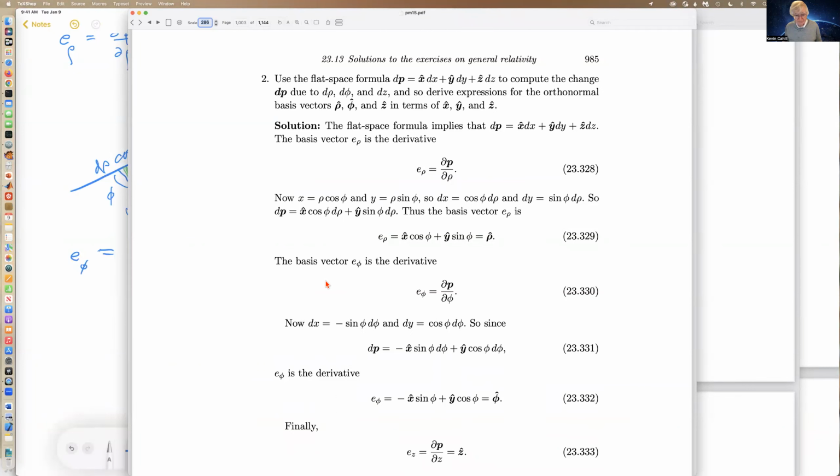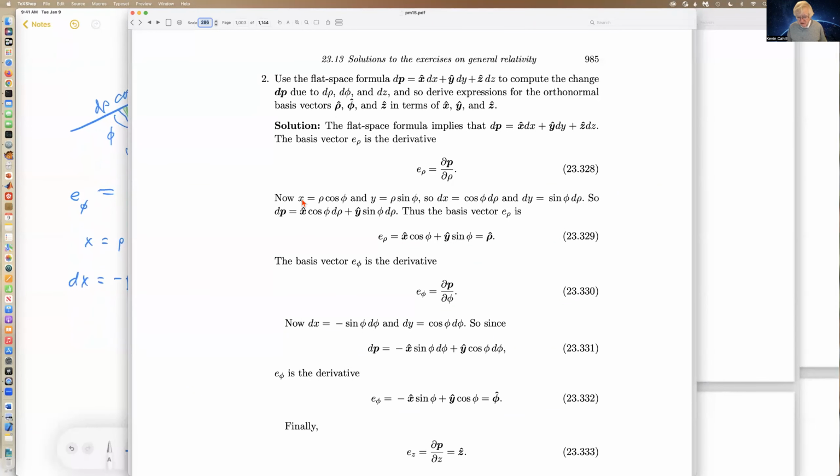And now, if we look at the formula, in other words, we say here x is rho cosine phi and y is rho sine phi, then when we change phi, dx is equal to minus rho sine phi d phi, and dy is rho cosine phi d phi.